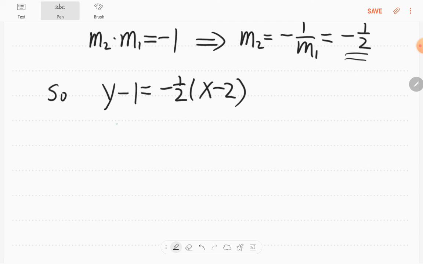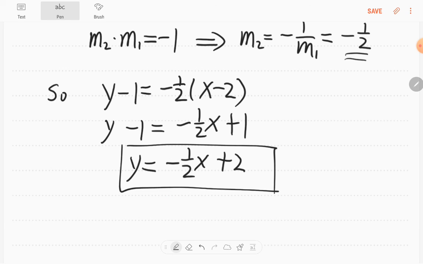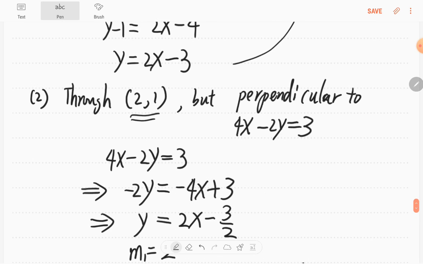So we solve here for y. y minus 1 equals negative 1/2 x plus 1. We add 1 on both sides. So y equals negative 1/2 x plus 2. That is the slope-intercept form for the perpendicular line through the point (2, 1).